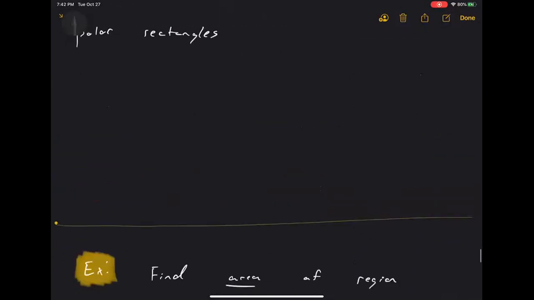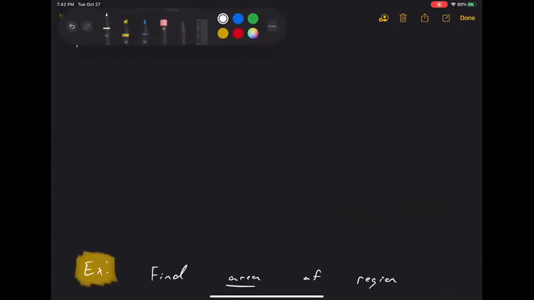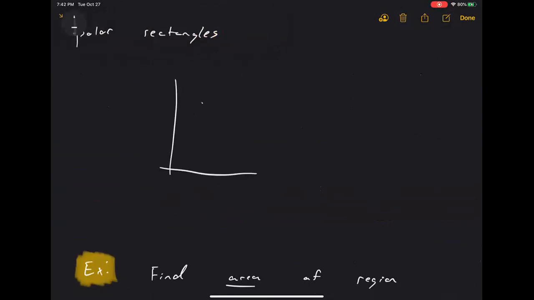So just like with Cartesian coordinates, we might have a region that's not a nice polar rectangle. A polar rectangle would be something like this, just a quadrant of a circle. But what if this edge is not that nice straight line? What if it's something like that?